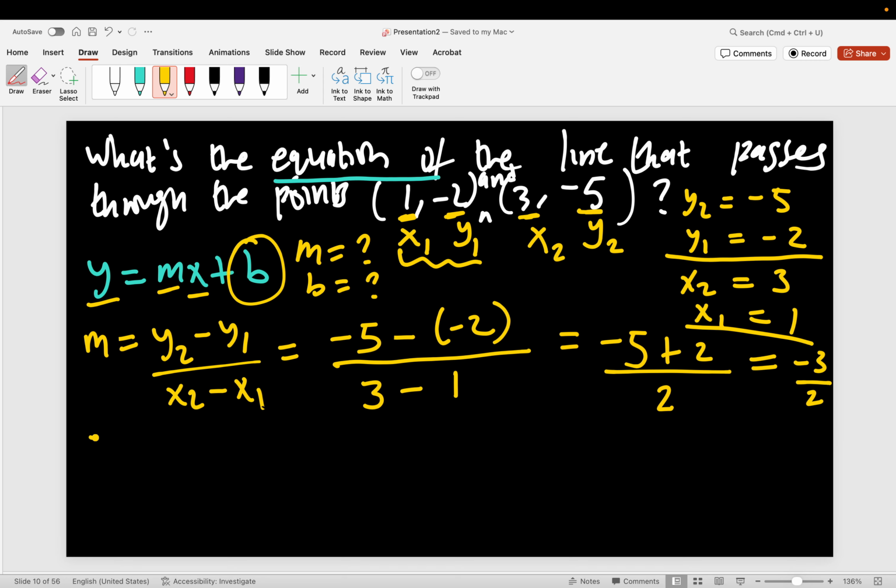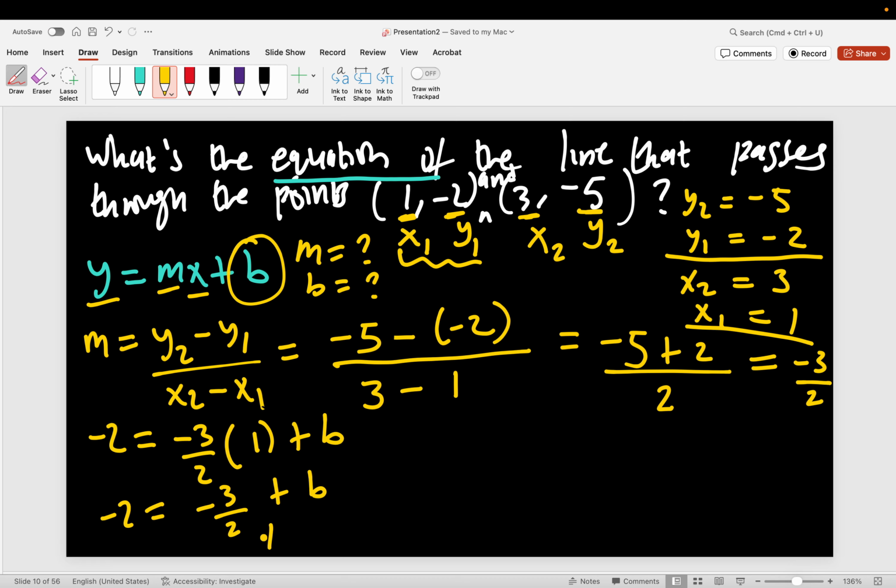So my y is -2, my m is -3/2, and my x is 1. I'm going to add that to b. 1 times -3/2 would just stay as -3/2. So this is -2 equals -3/2 plus b. Now I'm going to add 3/2 to both sides of my equation.